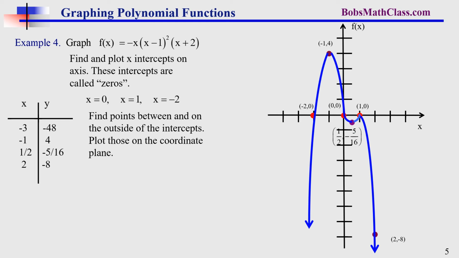So it doesn't go through the intercept, it bounces at that point and goes back in the same direction. So anytime you have an even exponent, like a 2 or a 4, it's always going to bounce. If it has an odd exponent, it'll go through still, but an even exponent is where it bounces.